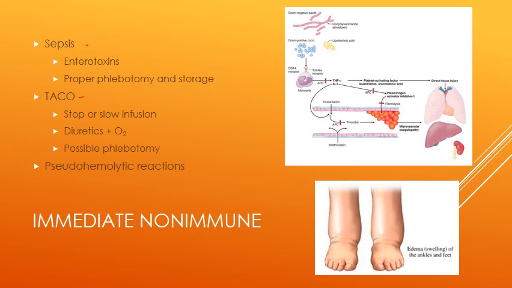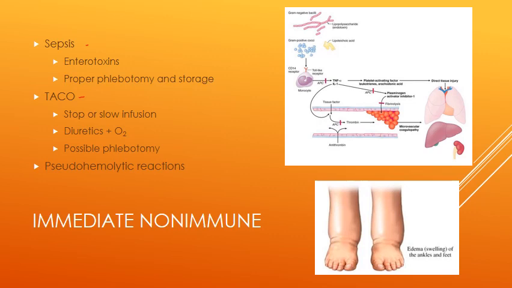So if that's suspected, you could do phlebotomy first to remove maybe some microcytic or some hypochromic red cells and replace those with more normal red cells.